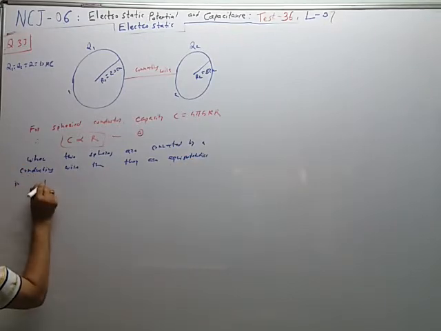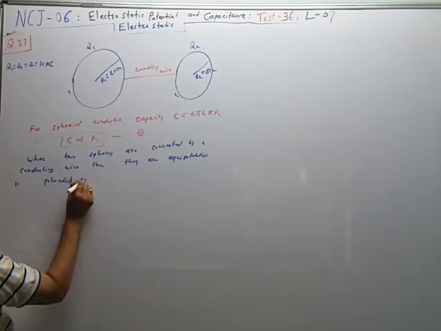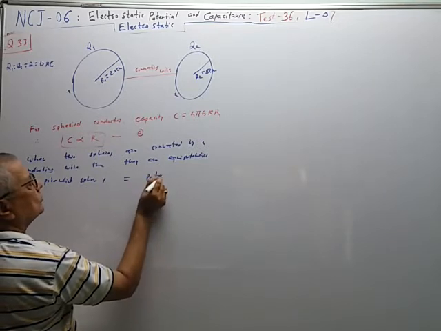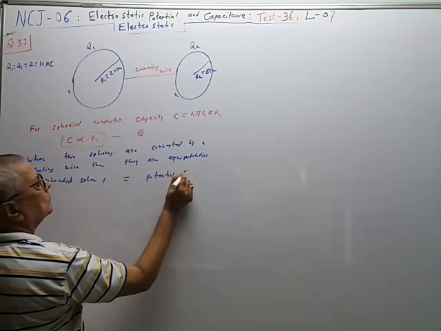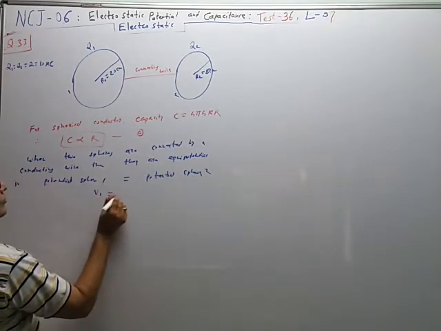That is, potential of sphere 1 is equal to potential of sphere 2. Therefore, V1 is equal to V2.